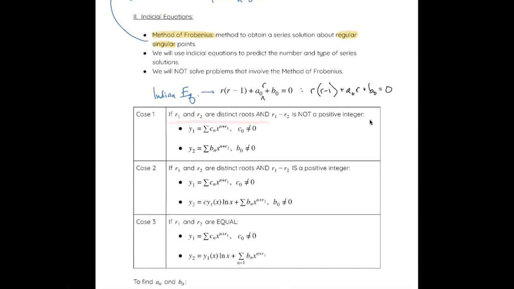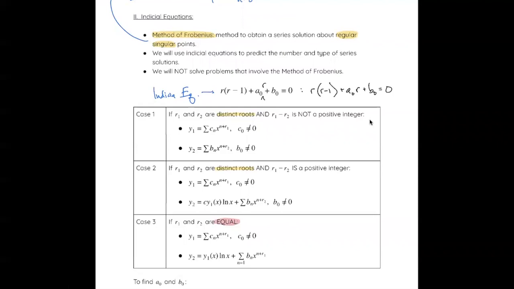The first two cases are going to look at r1 and r2 being different from each other, whereas in the last case, r1 and r2 are equal to each other. So that might be a good question to ask yourself first: are my two roots equal to each other, or are they different from each other? Because if they're different, you're going to use case 1 or 2, but if they're equal, you're going to use case 3.